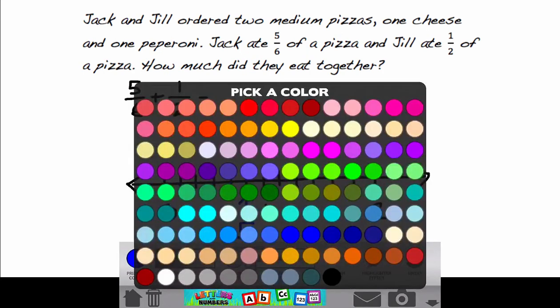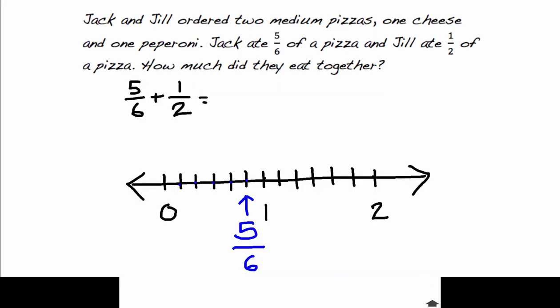I'm going to go ahead and change colors so we can see where 1/2 is represented on the number line. Since each unit is broken into 6 pieces, I know that half of 6 will be 3. So I'll count 3 pieces, 1, 2, 3, and that would give me the half of my unit.